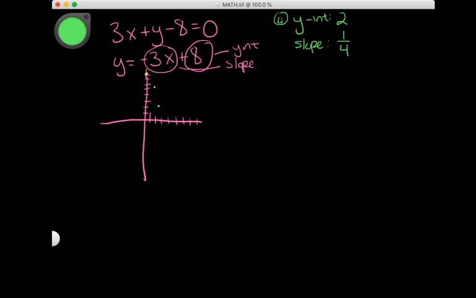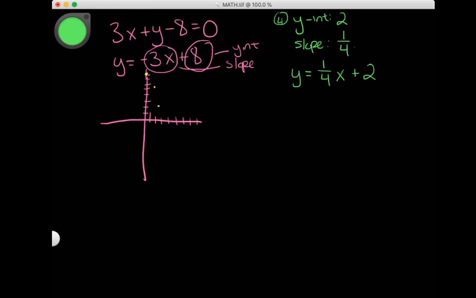Now the equation, when we write the equation of a line, if this is my y-intercept and this is my slope, that means this equation is y equals 1 over 4x plus 2, right? Because 1 over 4 is my slope, so I add the x to that, and then the y-intercept is positive 2. So that's our equation in slope-intercept form.